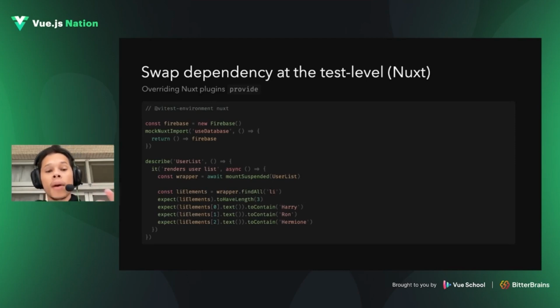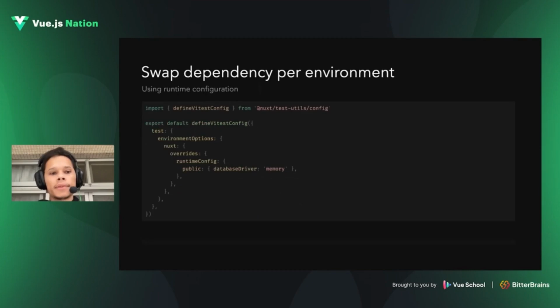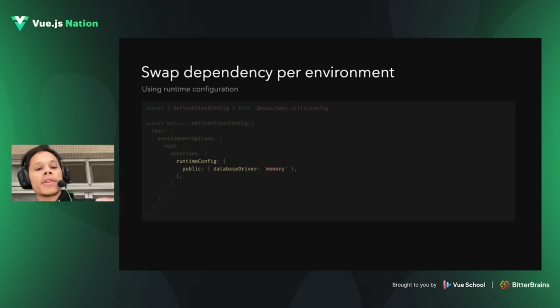So this is how we can do it at the test level. But thanks to our new implementation, we can even do it at a higher level. We can actually swap the dependency per environment using the runtime configuration option we introduced earlier. So here, I'm just updating the runtime configuration via Vitest. When I run my test, I want the database driver to be memory.